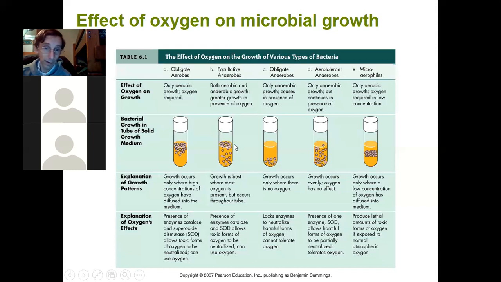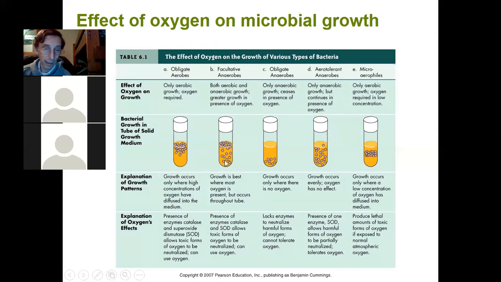facultative anaerobes, you'll see the most growth at the very top of the tube, because these organisms are growing by aerobic respiration, and they're going to be able to make more ATP than the organisms growing at the bottom of the tube, which have no oxygen.